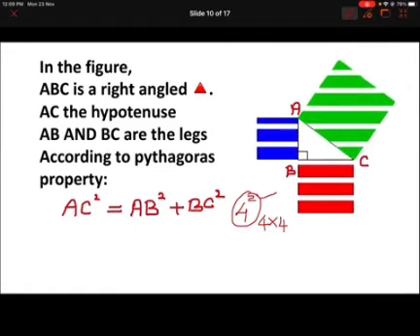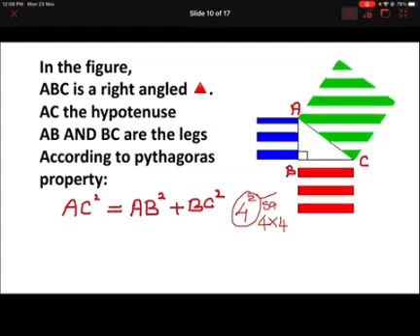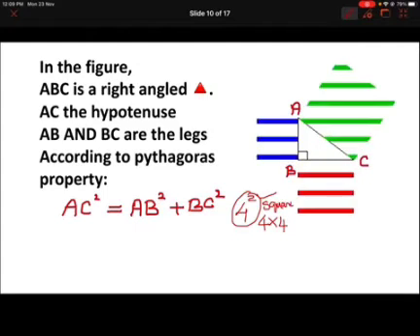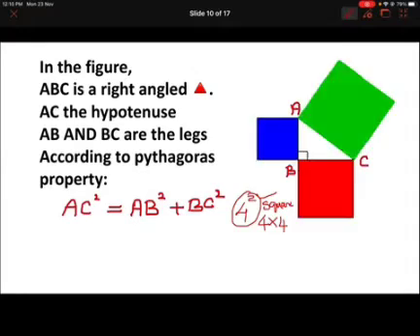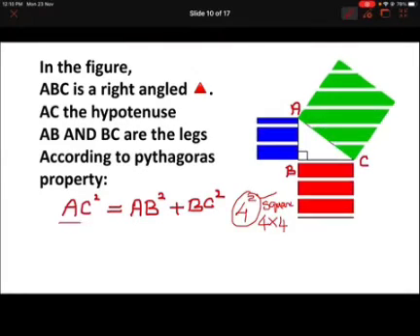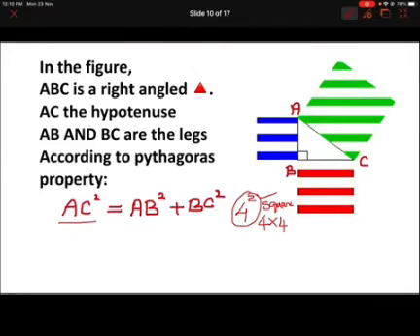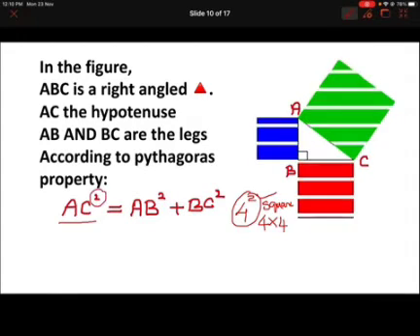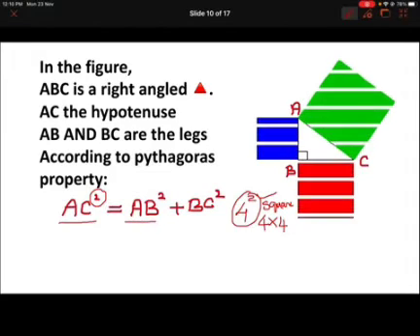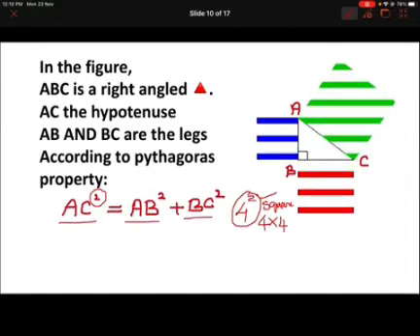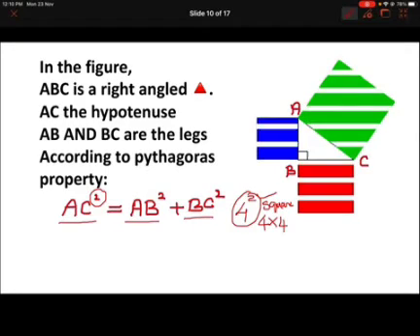So this can be read as 4 to the power 2 or 4 square. Similarly, AC square here means AC into AC. So AC squared is equal to AB squared plus BC squared.